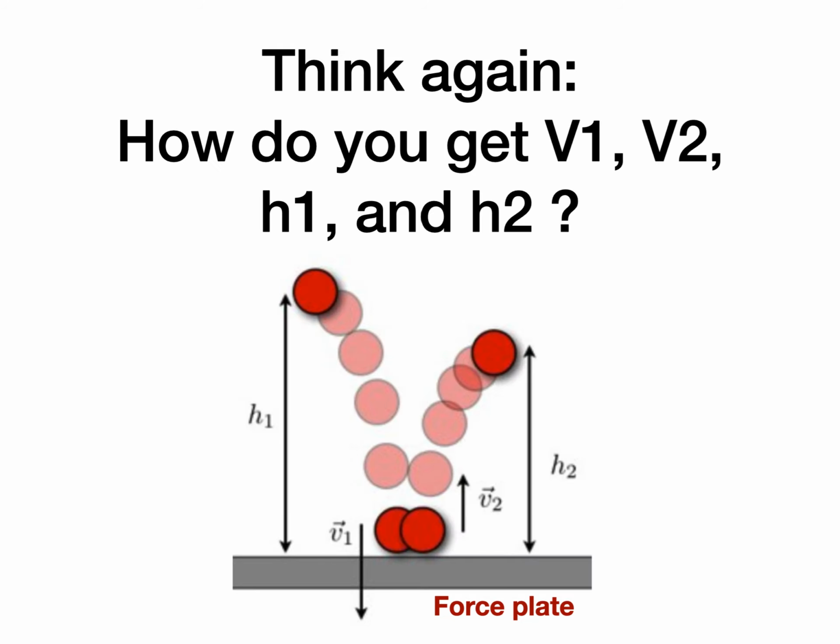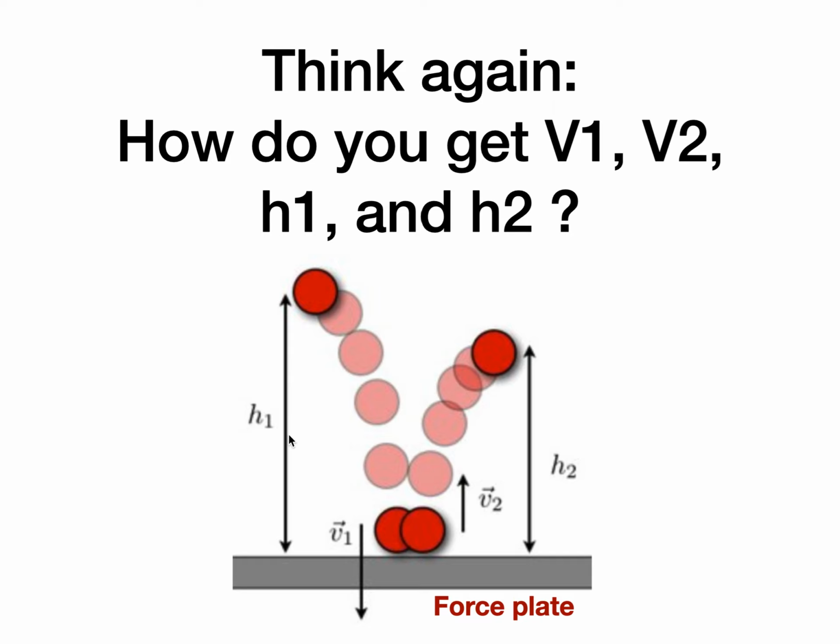So think again, how do you get the coefficient of restitution? You need V1 and V2, right? Or H1 and H2. V1, V2, H1, H2. How do you get those numbers? H1, you've already been given, right? 1.5 or 1, depending on the situation.